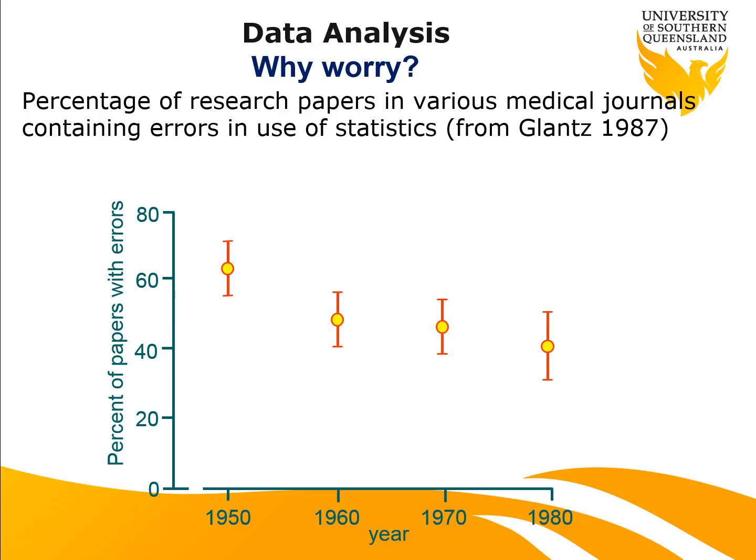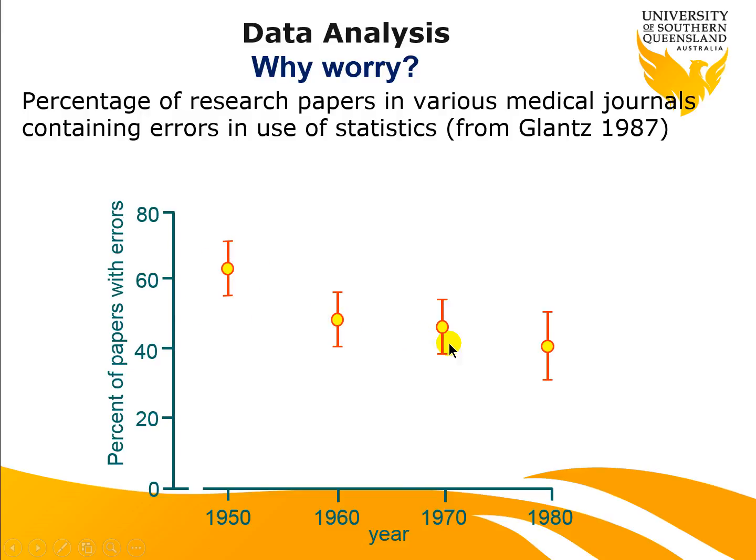Here we go. So this one here, we've got percent of papers with errors, so 60% or around 50%, but I have no idea really 60% of what. Was there the same number of articles in 1950 as there were in 1960? Is this 60% of 100 and this is 50% of 500?